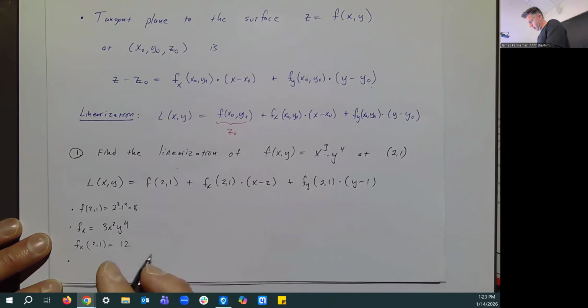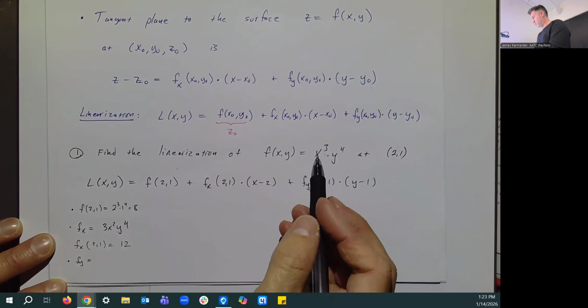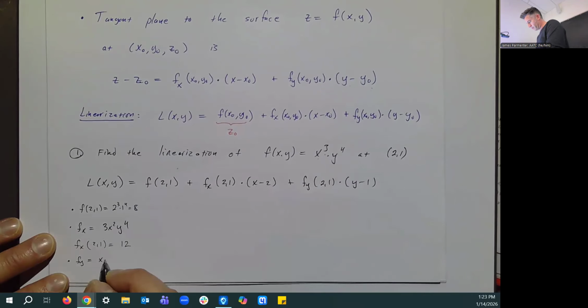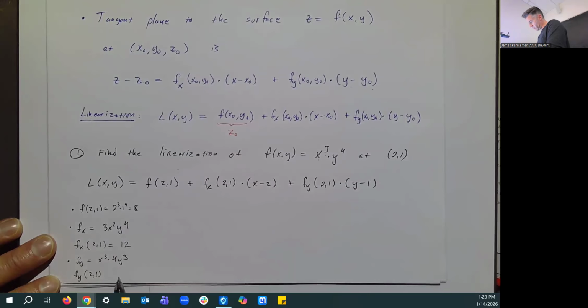Similarly, our fy, partial with respect to y, is going to be x cubed times 4y cubed. And when we plug in 2 comma 1, we get fy at 2 comma 1 equal to 2 cubed times 4 times 1 cubed, so 32.